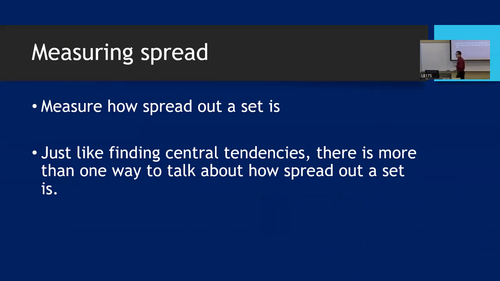Now what we're going to do is measure spread, which means how spread out is our data set. Just like there's more than one way of finding the center of a data set, there's more than one way to talk about how spread out a data set is.